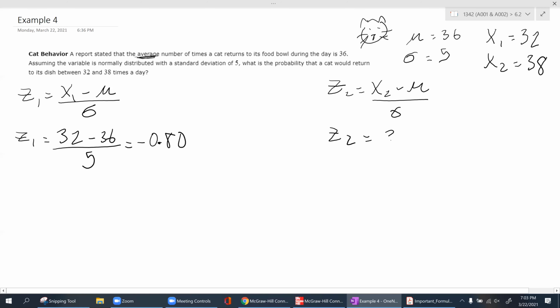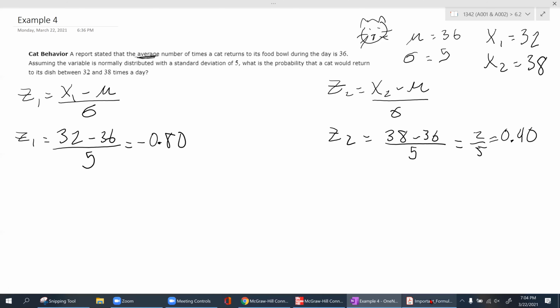This gives me 38 minus 36 all over 5. That's 2 over 5, sorry, meaning this is 0.40.